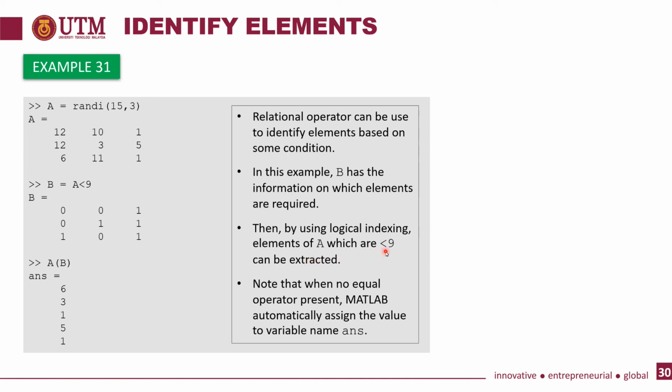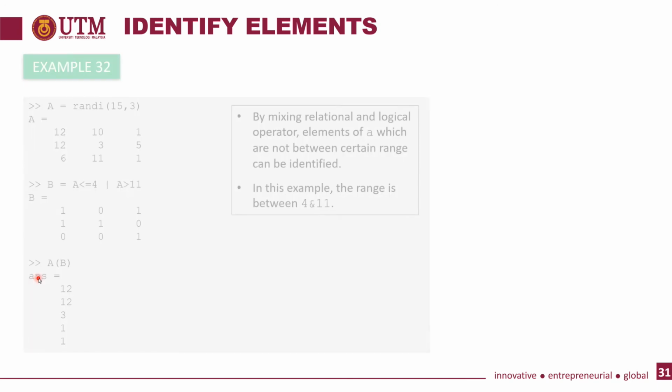Then by using logical indexing, elements of a which are less than 9 can be extracted. Note that when no equal operator is present, MATLAB automatically assigns the value to a variable named ans, which is the answer. So when you do not assign any variable, it will automatically give your statement as ans.